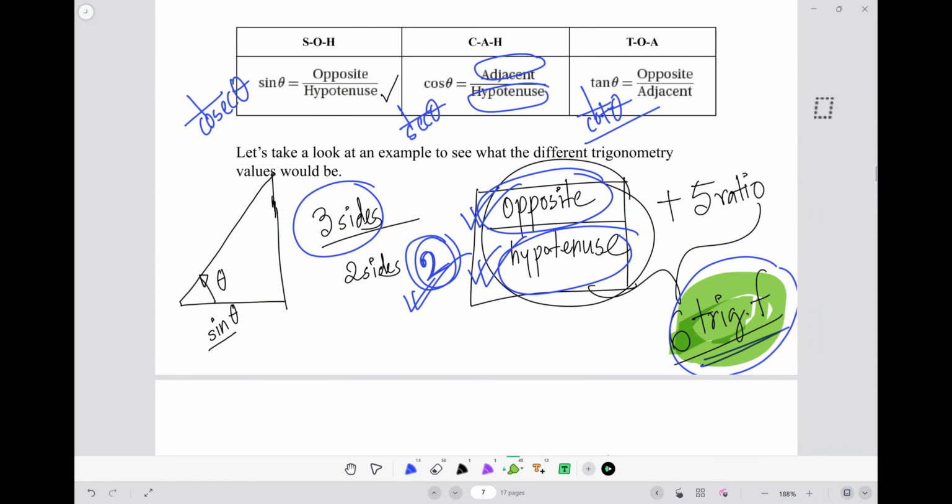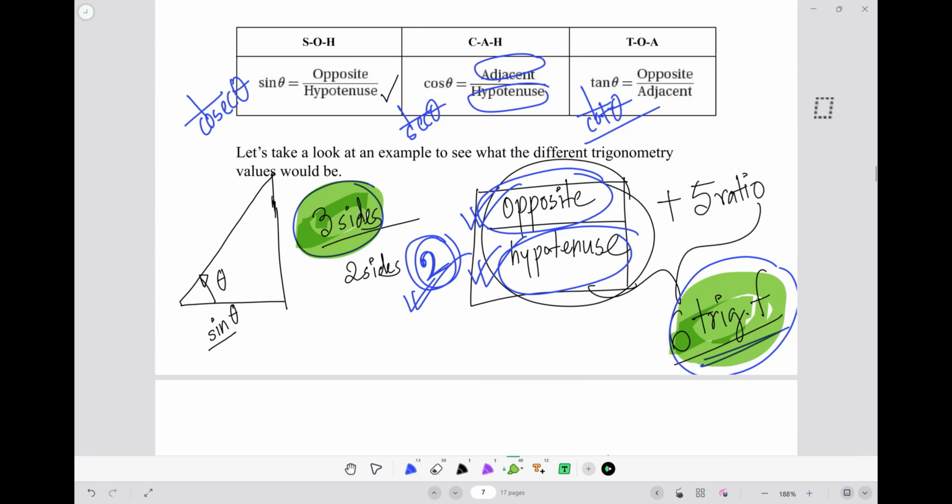We have three sides for a given right triangle. A triangle must consist of three different sides, and taking two different sides is a combination.